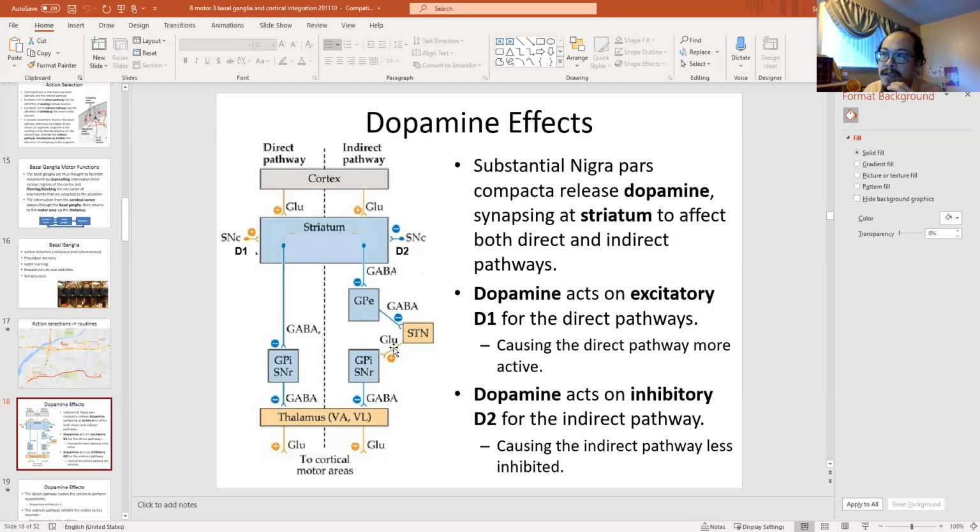So dopamine acting on D1 will make that excitatory pathway even more excitatory. When it acts on D2, D2 is an inhibitory receptor, and the indirect pathway is an inhibitory pathway. So dopamine will inhibit this inhibitory pathway, and again will make it less inhibitory.